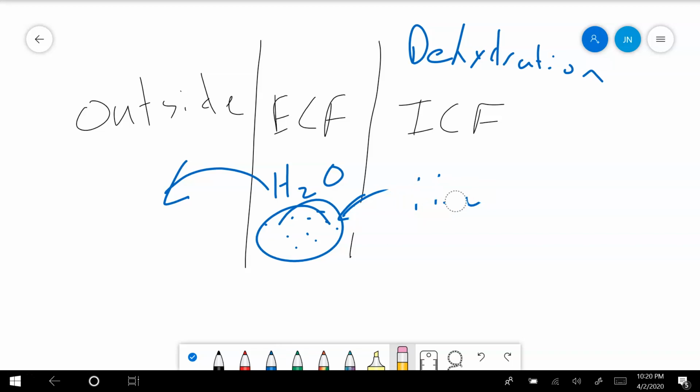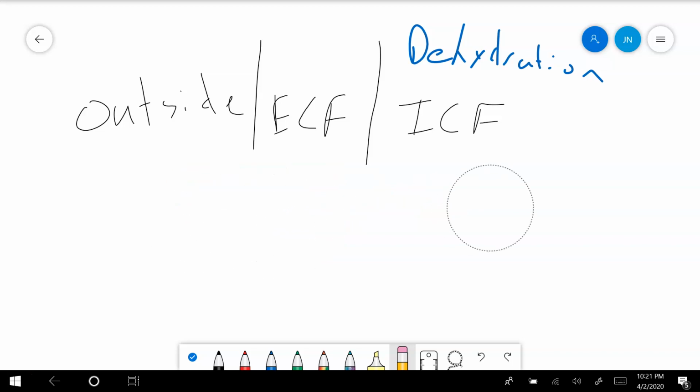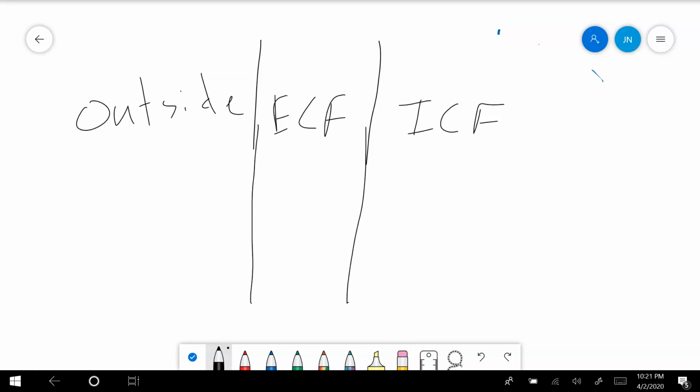Now, what if we run this the opposite direction? All right, so now what if water from the outside is going to come in? Well, now we've diluted the extracellular fluid.